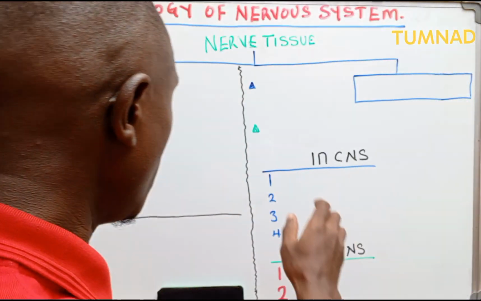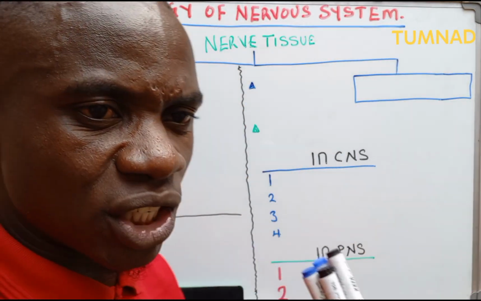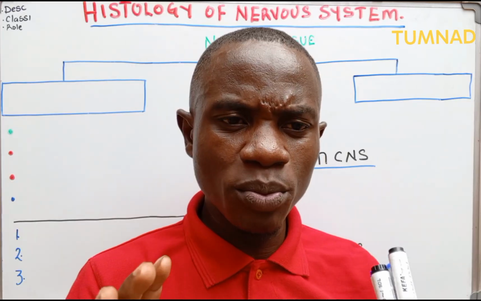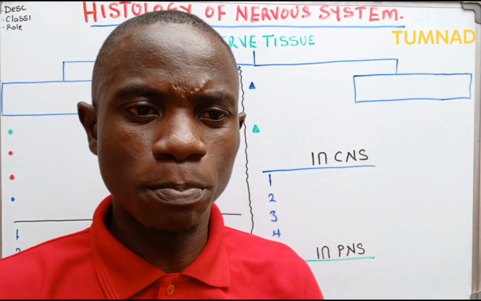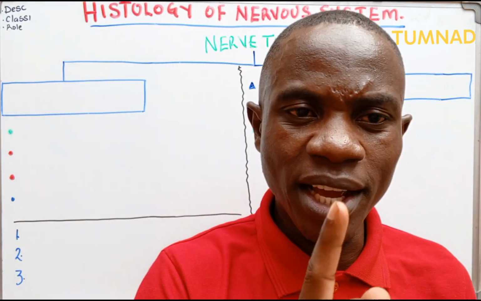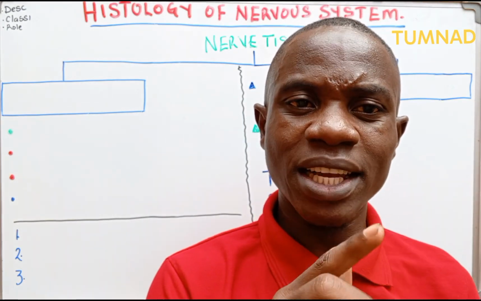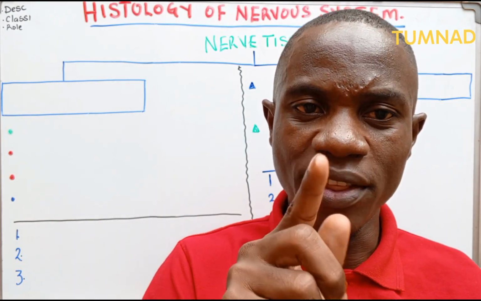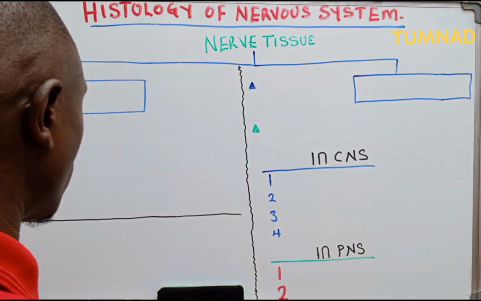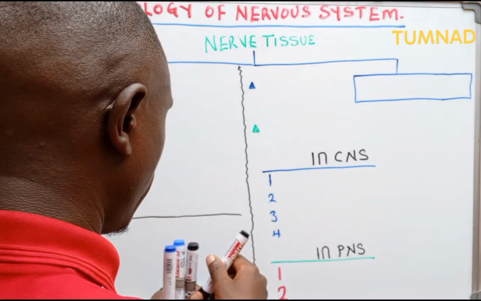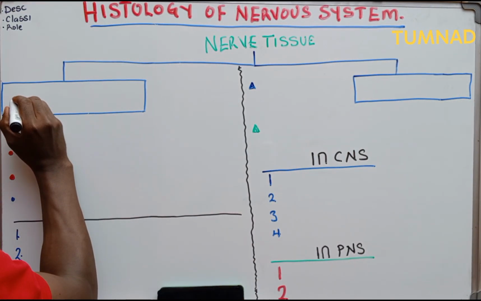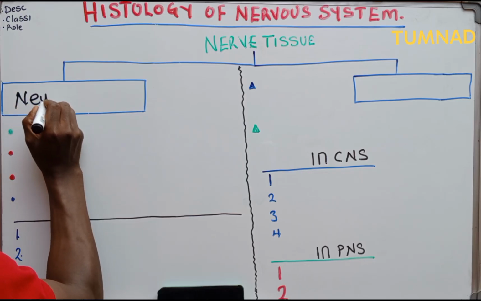Now, when you cut a nervous tissue and zoom in, we are going to see very many types of cells, but we categorize them into two forms. There are two categories of cells that make up the nervous tissue. The first one, which is very, very important, is what we call the neuron.